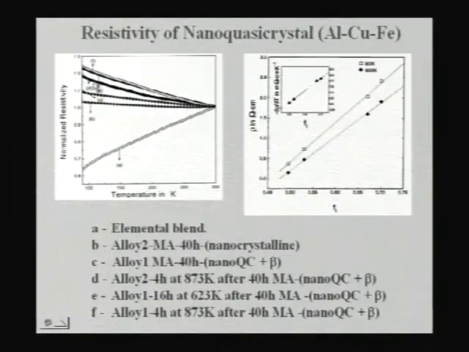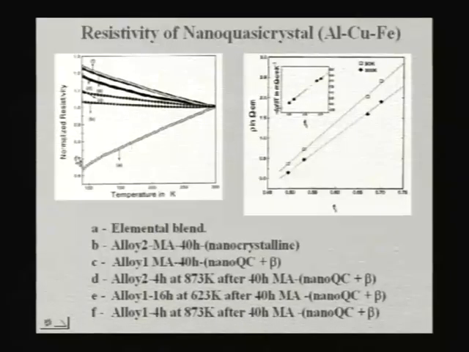Some other interesting properties, other than mechanical properties, of these nano-quasicrystalline phases is their semiconducting nature. Usually most crystals have a metallic nature. For example, if I take aluminum, copper, iron, all three elements together make an alloy, and I look at its electrical resistivity as a function of temperature, you see that the electrical resistivity increases with increasing temperature.